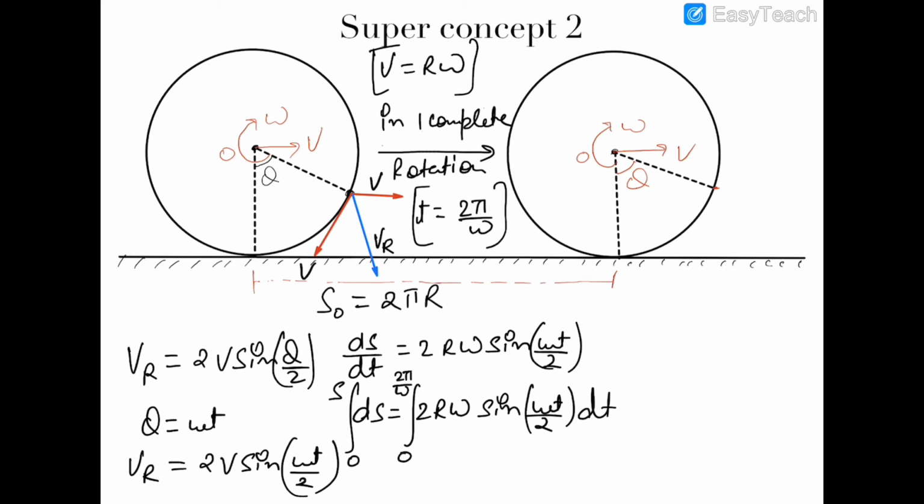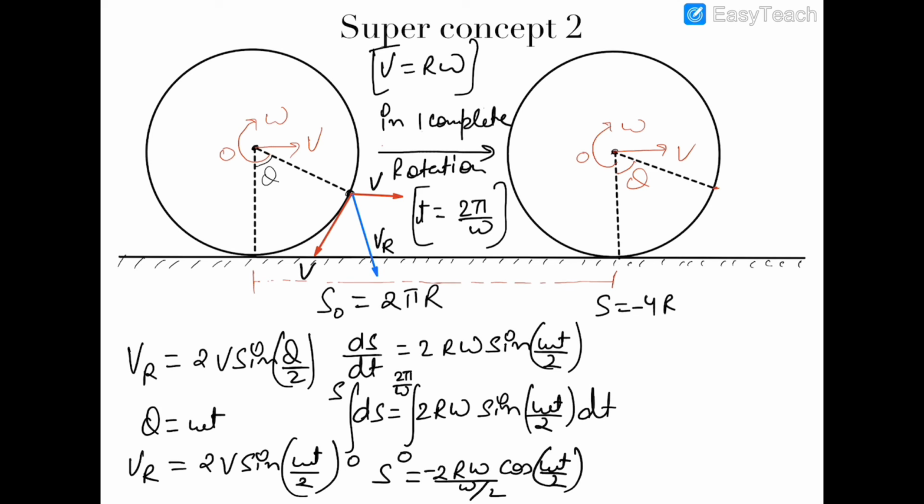So this would be s is equal to 2 r omega cos omega t by 2 divided by omega by 2. So s would be equal to, cancelling omega with omega, 4r with a negative sign, because the integration of sine omega t by 2 would be cos omega t by 2 divided by omega by 2.